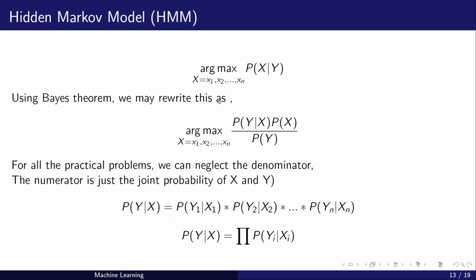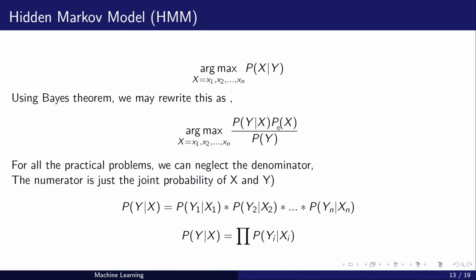Using Bayes theorem, argmax p of x given y can be written as argmax p of y given x. P of x given y is written as p of y given x into p of x divided by p of y. For all practical problems you can directly remove this denominator, and use only p of y given x into p of x, which is nothing but the joint probability of p of x and y.